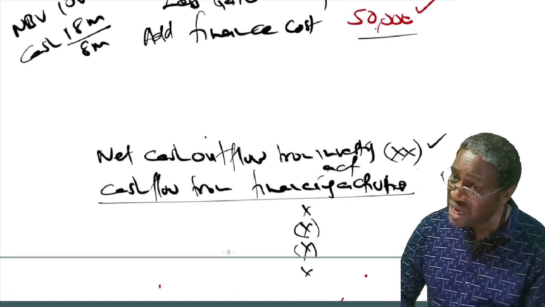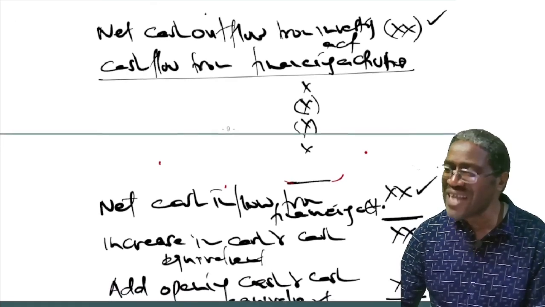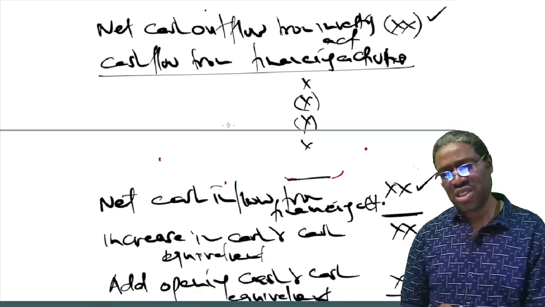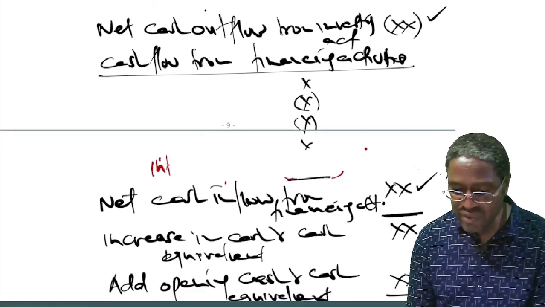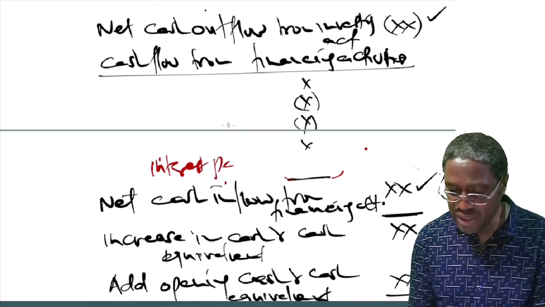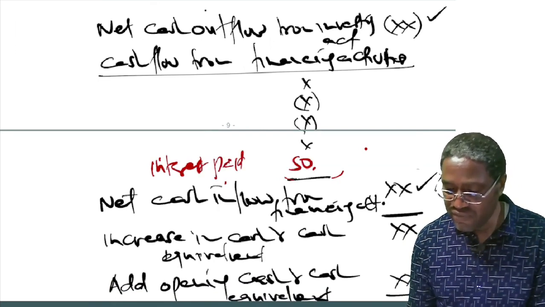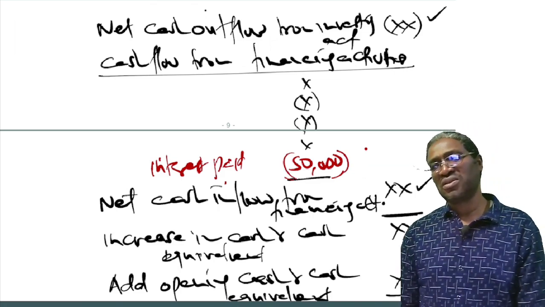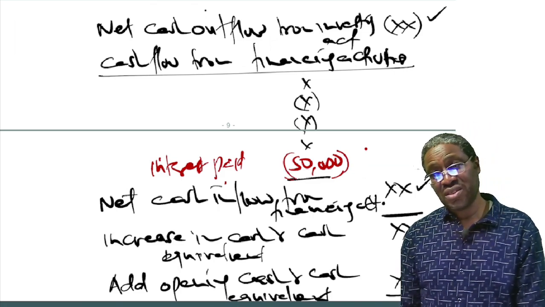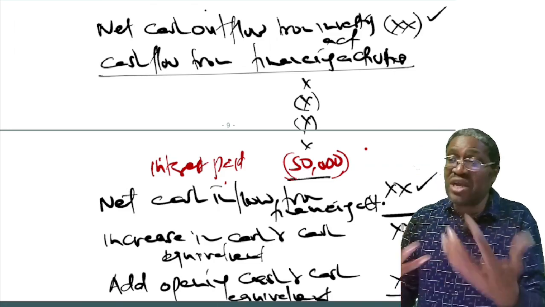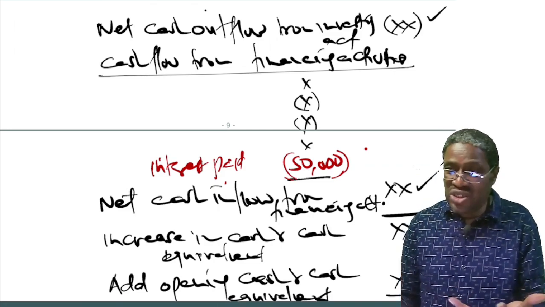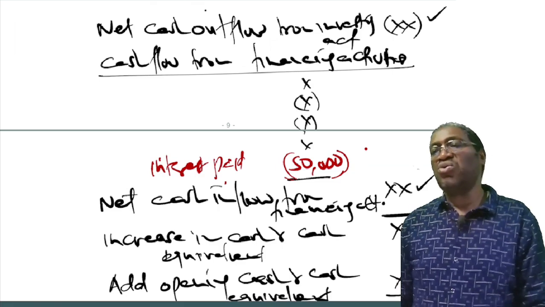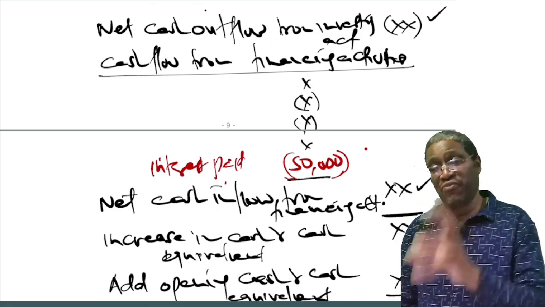And at the same time, among the financing activity, you will also have interest paid of how much? 50. It's a negative. Hope you have understood. You will still have interest paid because this time you actually paid the financiers, by the name of debenture holders, interest of 50.